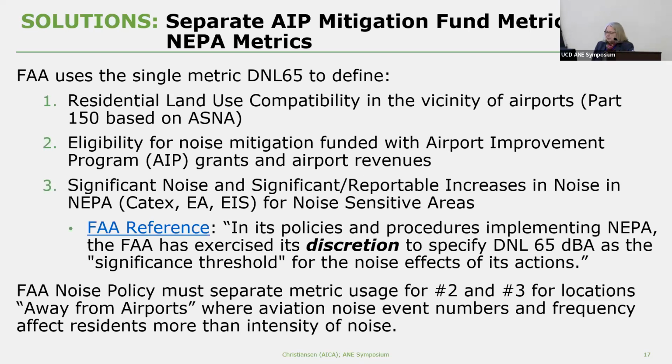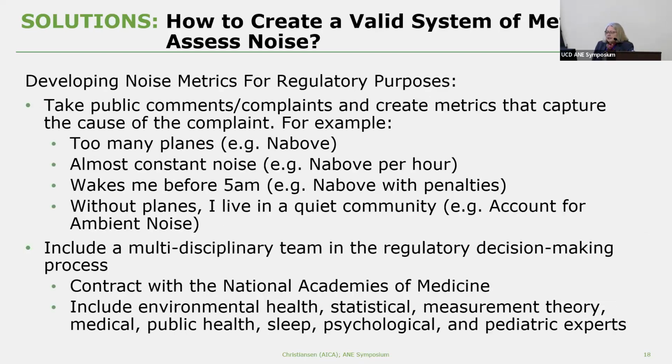for its regulatory purposes. How to create a valid system of metrics to assess noise: take public comments, complaints, and create metrics that capture the cause of the complaint. This cannot be done by a computer model. For example, someone complains there's too many planes. Think about using N above.